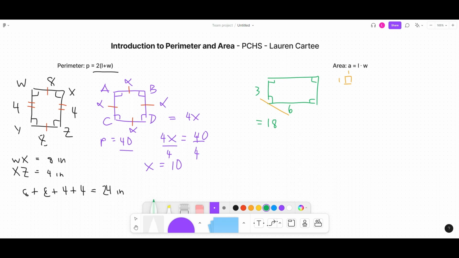However, we can split up the rectangle by giving it 3 rows and 6 columns, kind of like this. We'll do one here, and then 1, 2, 3, 4, 5, 6. If you counted all of them, you would still get 18 as your answer.